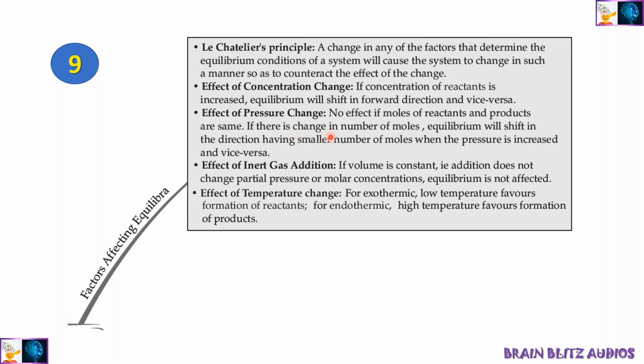However, if there is a change in the number of moles, equilibrium will shift in the direction having the smaller number of moles when the pressure is increased and vice versa. So we have a system in equilibrium, and suppose the pressure you applied decreases the number of moles of reactants, then what would the system do? The system would pull the reaction backwards to stabilize the state of equilibrium.